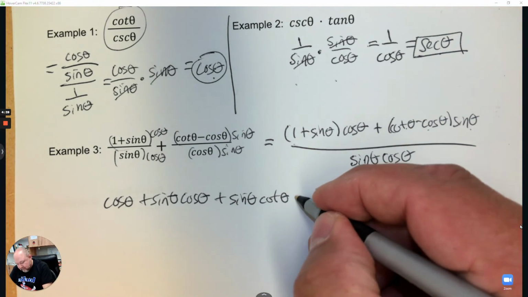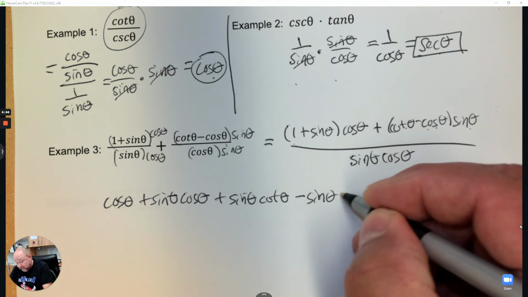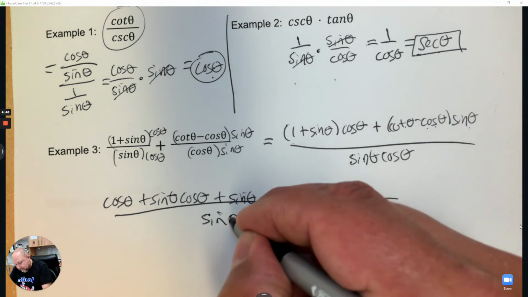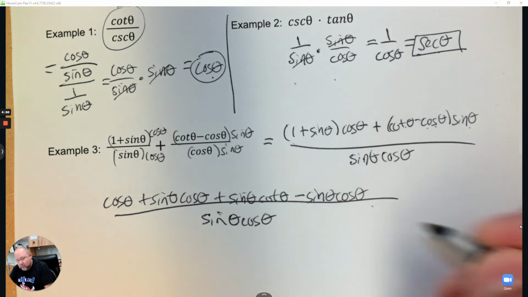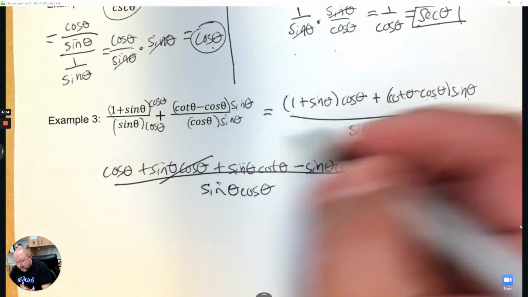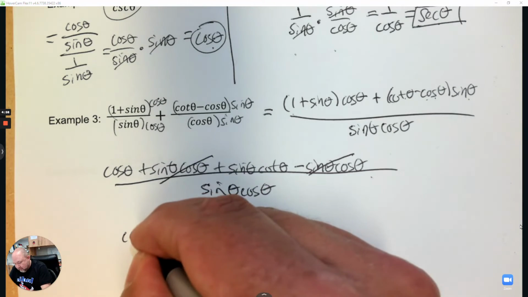And we have subtract sine times cosine. I'm just going to write it like that so you can see what the next step is going to be. Now, sine cosine, subtract sine cosine. They eliminate. I have cosine theta.